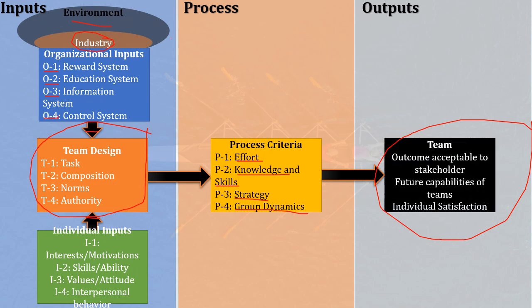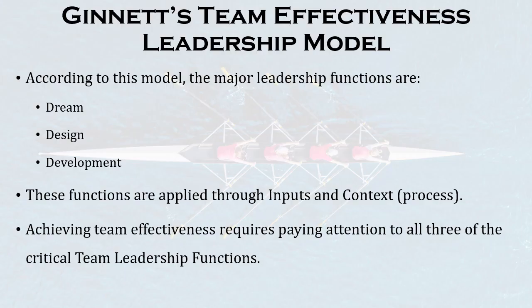So let's move to the next slide. This theory also talks about major leadership functions that are to be performed. The first one is dream, the second one is design, and the third one is development.